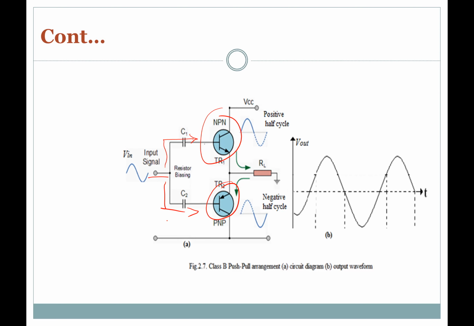So one transistor amplifies the positive half cycle, and another one amplifies the negative half cycle, so that at the end of the day, the positive and the negative half cycles are put back together to have the output.